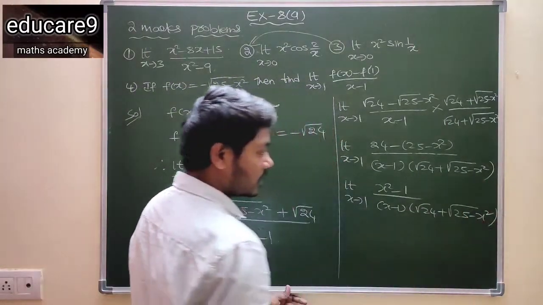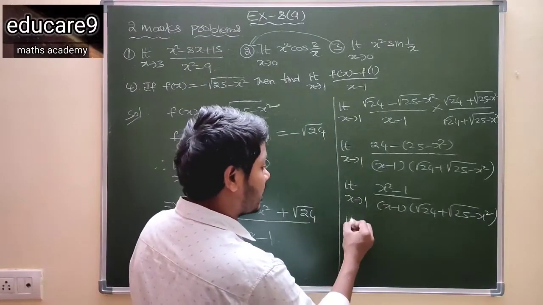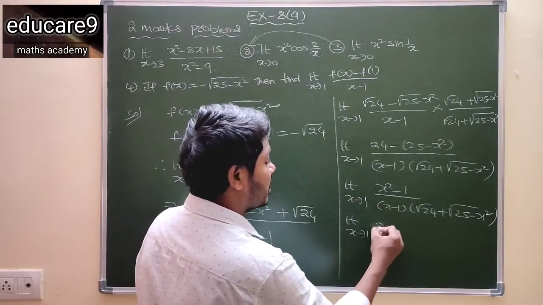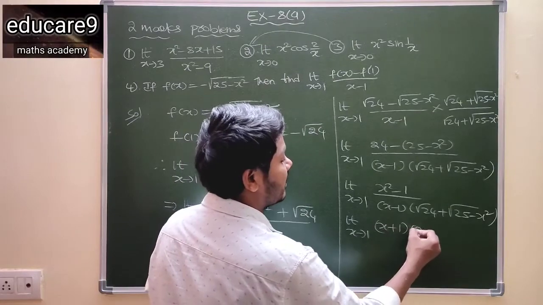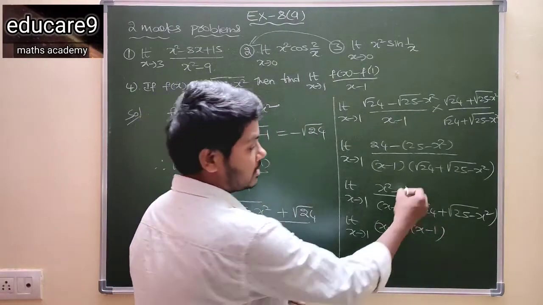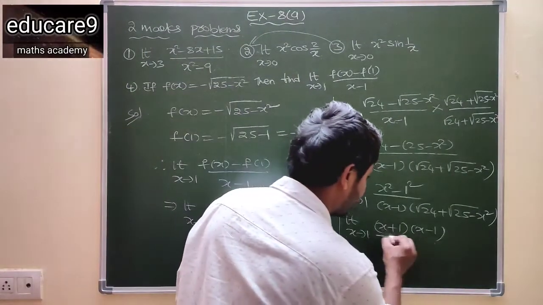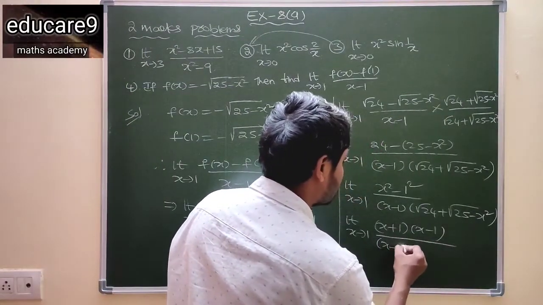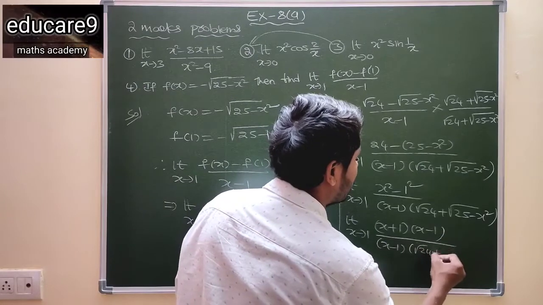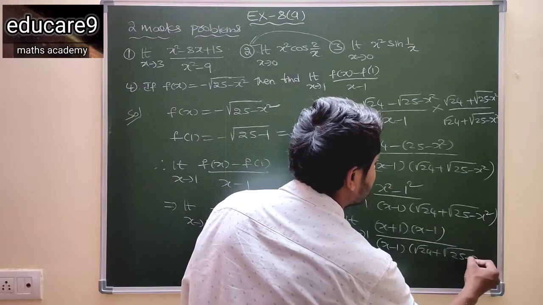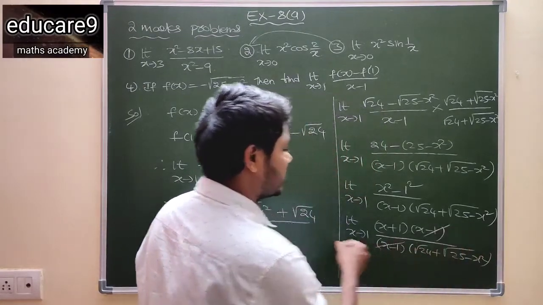Now the numerator can be written as limit x tends to 1, x plus 1 into x minus 1. Here x square minus 1 square has x plus 1 into x minus 1. So divided by x minus 1 into square root of 24 plus square root of 25 minus x square. x minus 1 gets cancelled.